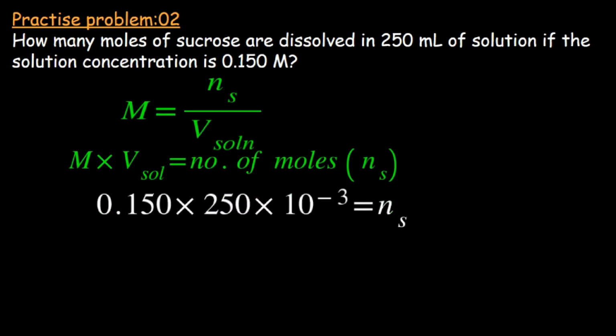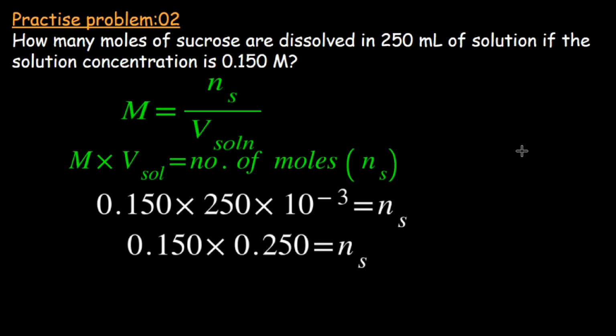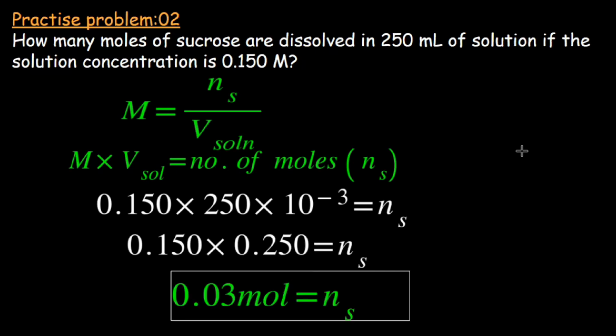Putting the data, 0.150 multiplied by 250 multiplied by 10 to the power minus 3. Why do we multiply 10 to the power minus 3 with the volume? Because volume is given in milliliters, but the standard calculation of molarity is in liters. By solving this data, we find that the number of moles of sucrose is 0.03 moles.